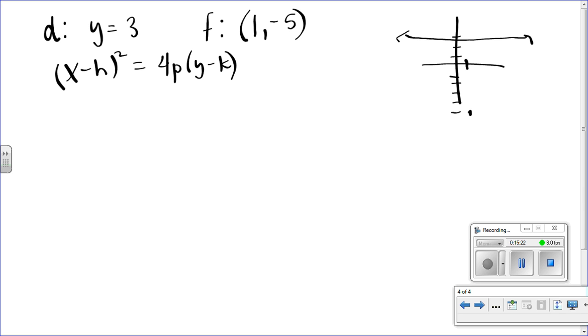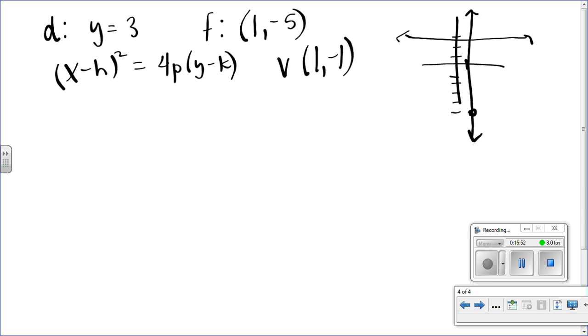Alright, what point is halfway between? -5 plus 3 is -2, divided by 2 is -1.